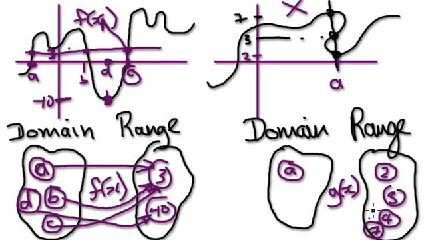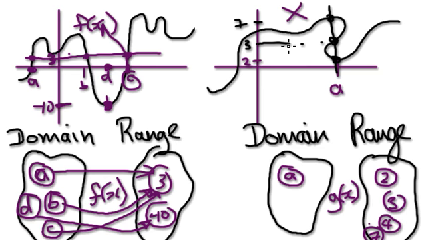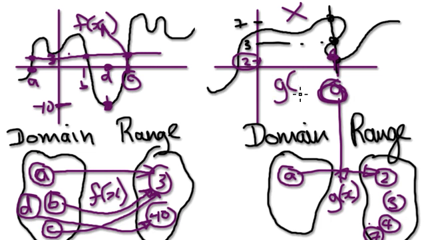Looking at this, if you put A into this g of x, it could take me to a 2. A could get mapped to 2, and it could also get mapped to 3.